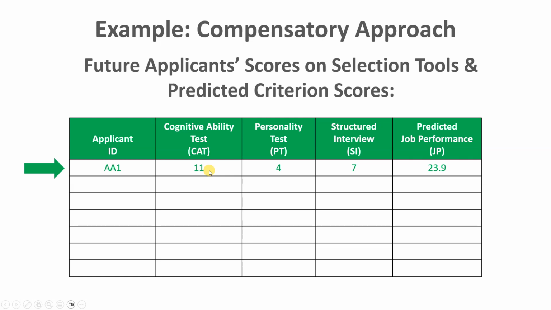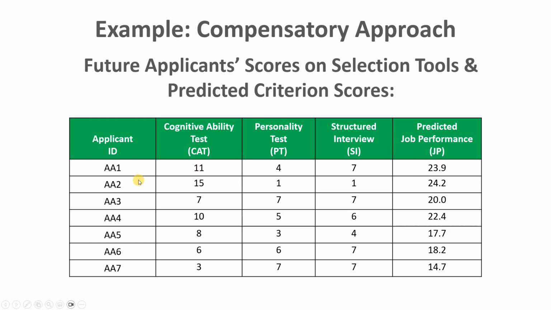That person's scores again were 11 on the cognitive ability test, 4 on the personality test, and 7 on the structured interview. When we plug these 3 values into our multiple linear regression equation, we got a predicted job performance of 23.9 in terms of the score. So this is the criterion score that's predicted for this person. This isn't actually observed data, rather this is a prediction here.